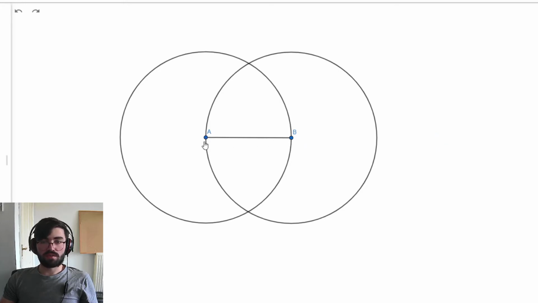So the centers of this circle and this circle are separated by AB, which means that the distance from A to anywhere on its circle circumference must be AB, because that's its radius. Similarly, for this circle, any point from B to its circumference must be of length AB, because that's its radius by definition.